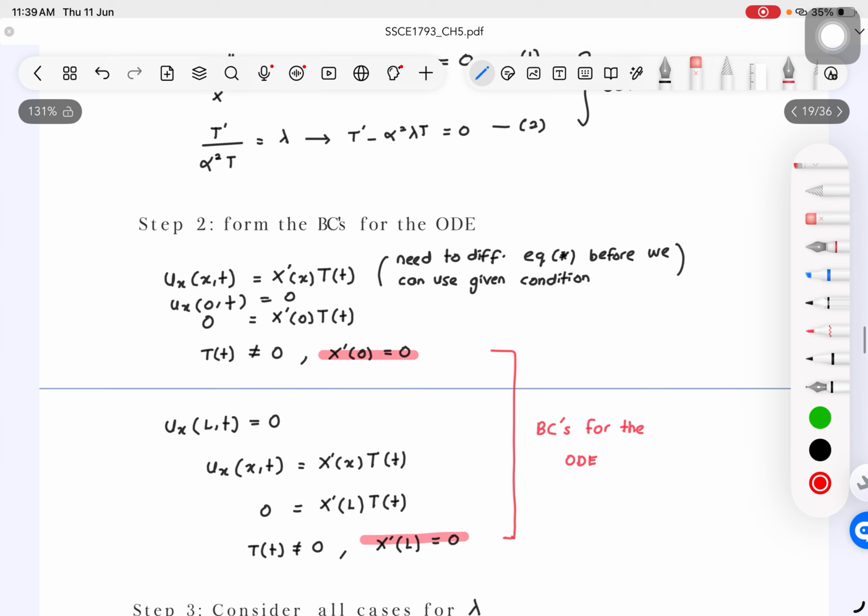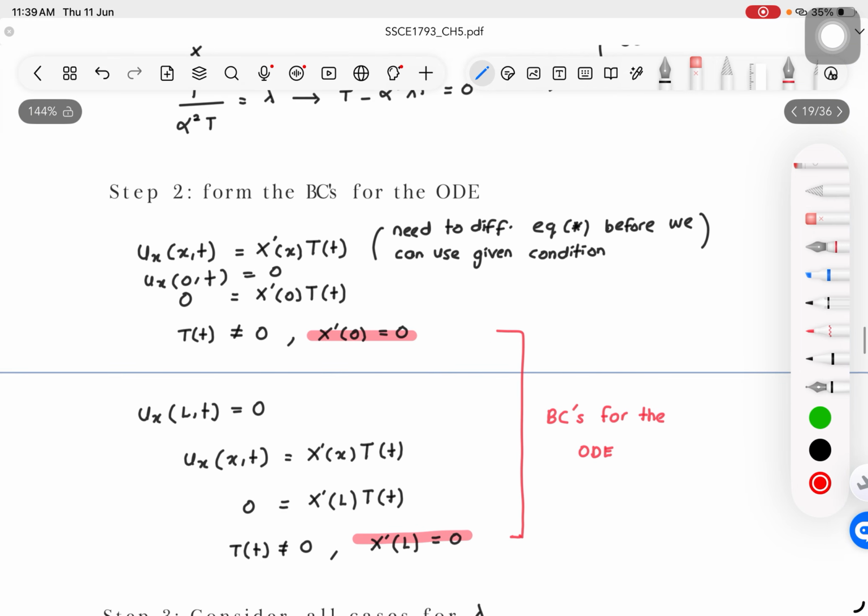Then we go to the second step. In this second step, we need to form the boundary conditions for the ODE.